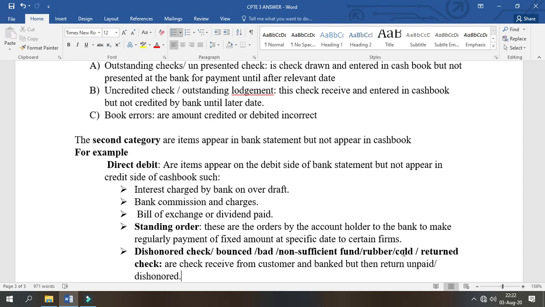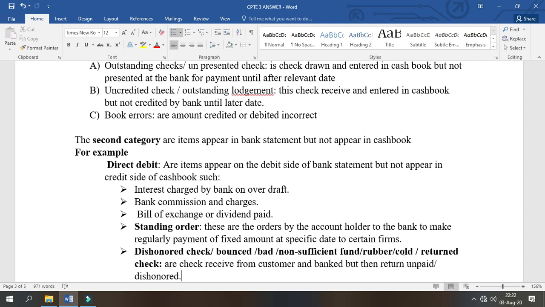For example, PATERA TV Limited Company has sold some cameras to Modern Technology Limited Company. Modern Technology Limited Company pays for those cameras using a check.